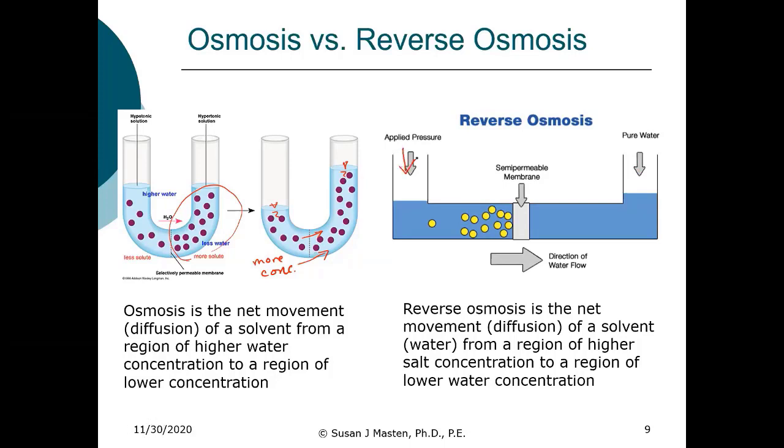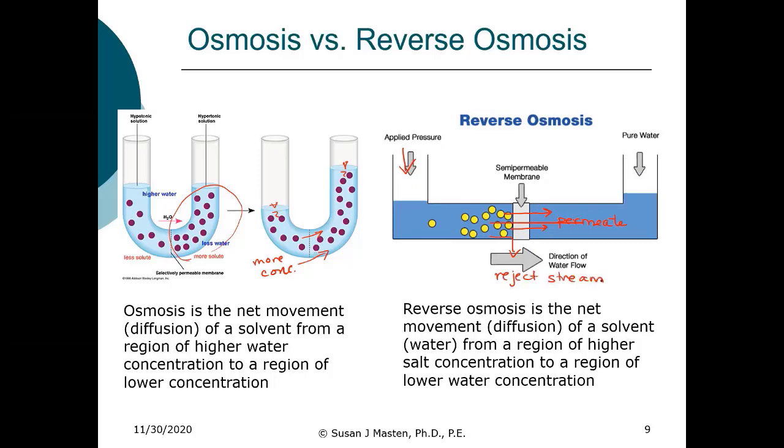So we apply a pressure here. We're pushing water across the membrane. This becomes our permeate. This is what we're producing. And then what doesn't pass through the membrane becomes our reject stream.